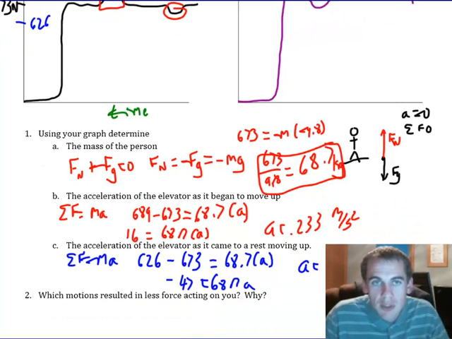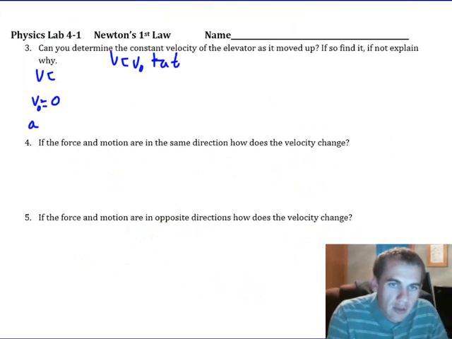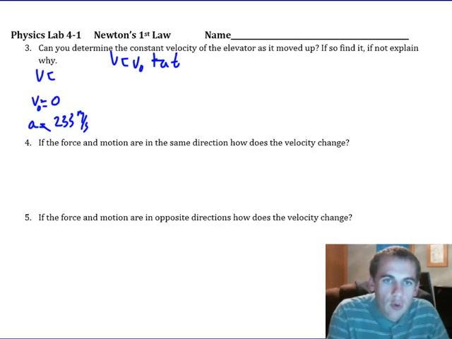The acceleration up was about 0.233 meters per second per second. So over here I can go ahead and record that number, 0.233 meters per second squared. And now that we got time from our graph, our t was 1.44 seconds, we can actually figure out how fast this thing was going.